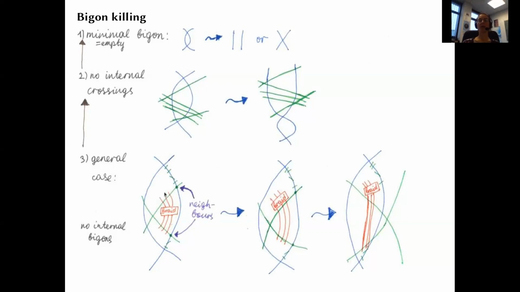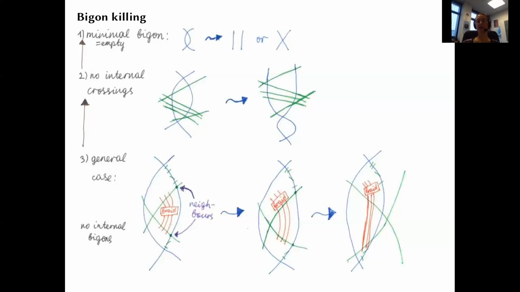We can suppose that there are no bigons inside it, because otherwise take the minimal one in this sense. Then since there are no bigons, if some strand enters this picture by one side, it should go out by another side. And if there are some intersections inside, there should be an intersection between a pair of neighboring strands.